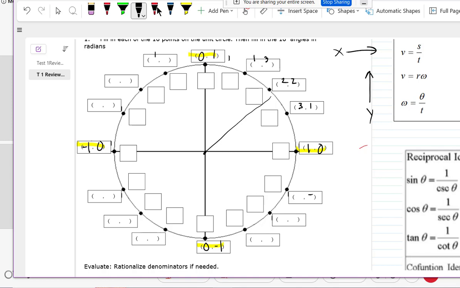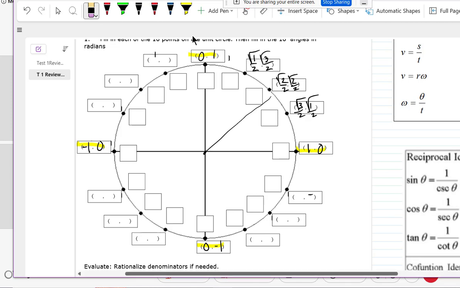Now you just have to memorize that everything is out of 2, so you divide everything by 2. The other thing you have to do is take the square root of the numerators. So just getting the 1, 2, 3 is real simple. That's how you get your points.